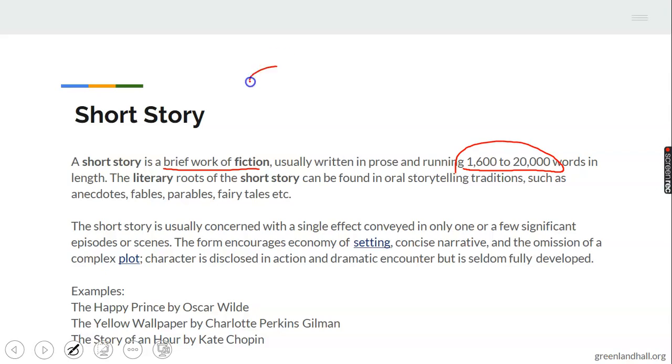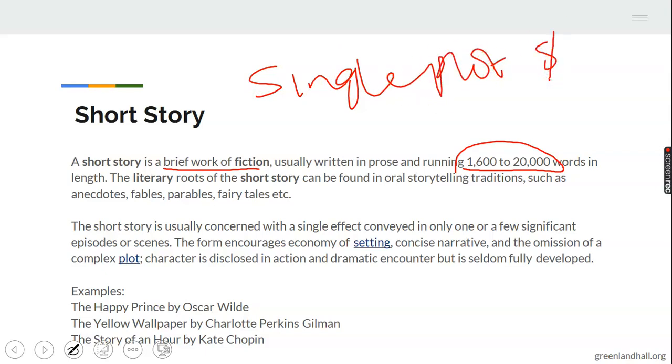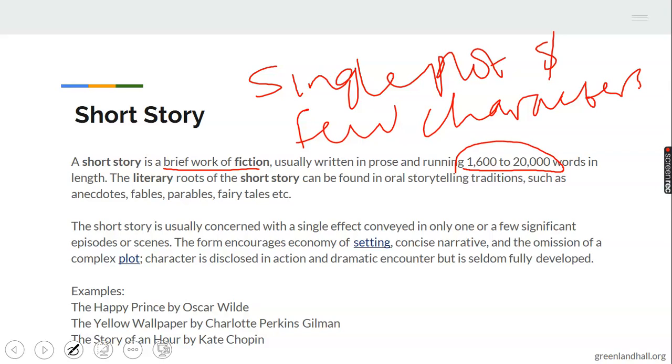Note this: single plot and few characters. Then your short story is usually concerned with a single effect, conveyed in one or two episodes or scenes. Imagine that, two episodes or scenes.